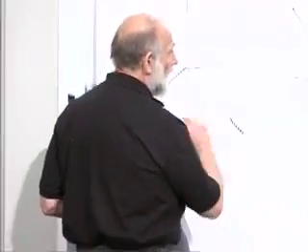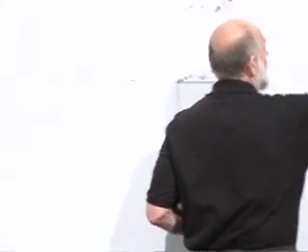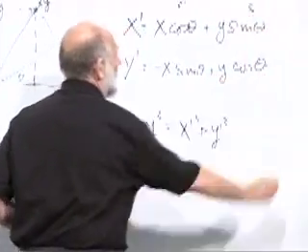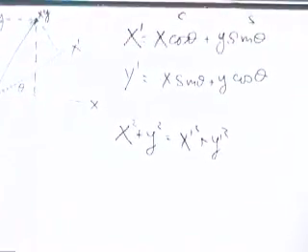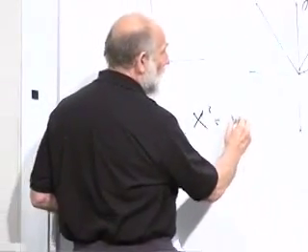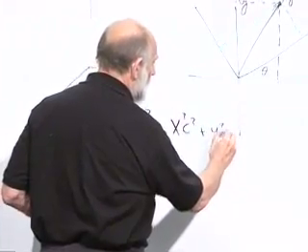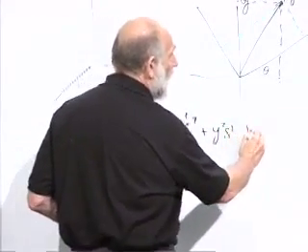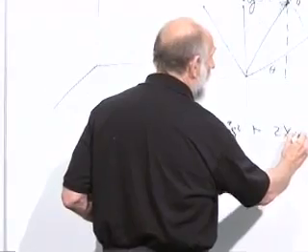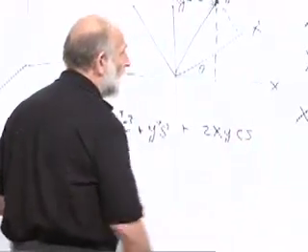For example, x prime squared is, let me just call cosine theta c and sine theta s, so I don't have to write so much. What's x prime squared? That's x squared c squared plus y squared s squared plus twice xy cs.